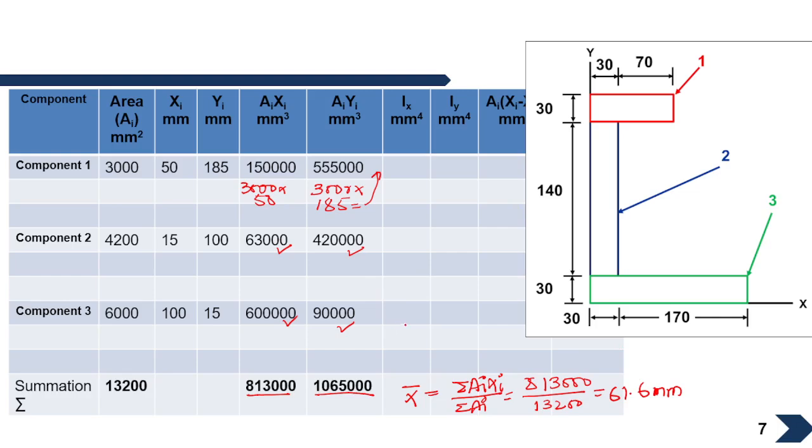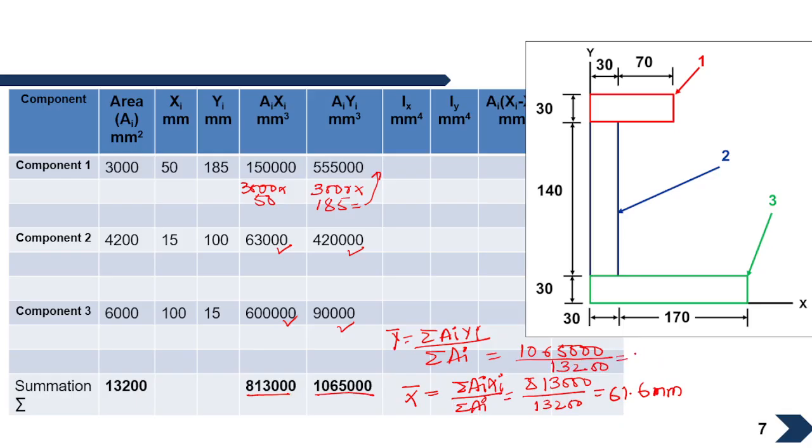Similarly we can get the value of y bar. The formula is y bar equals sigma AI yi divided by sigma AI. Sigma AI yi is 1065000 divided by 13200.